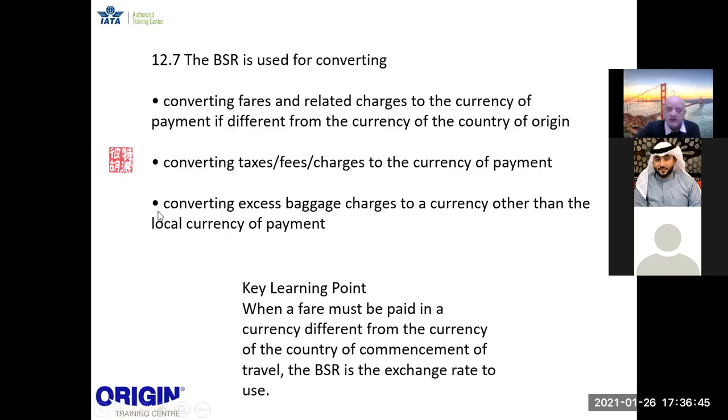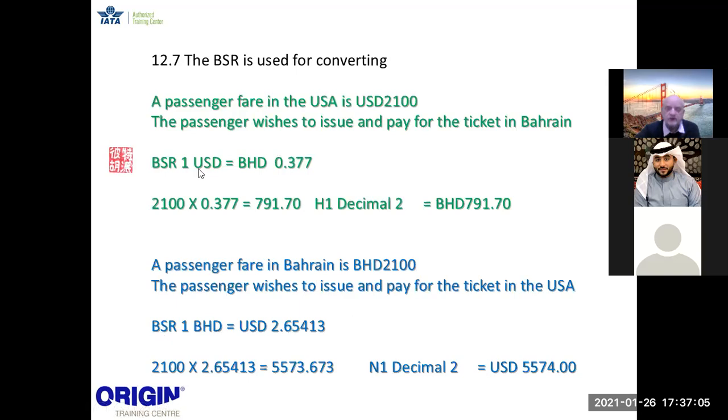Okay? So key learning point, when a fare must be paid in a currency different from the currency of the COC, country of commencement, the BSR is the exchange rate to use. So let's have a look. A passenger fare in the USA is USD 2,100, right?